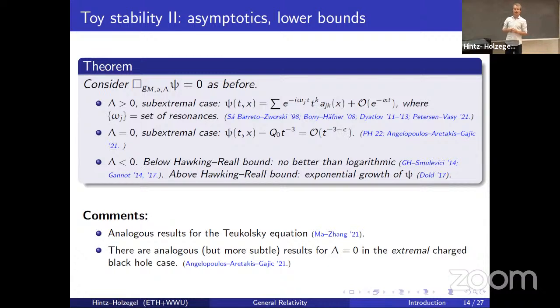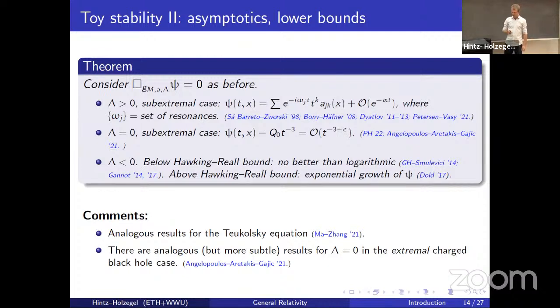Going back to the theorem, in the case lambda is negative, it was shown that this logarithmic decay is actually sharp. And indeed, Gustav and Smulevici, as well as Warnick, constructed quasi-modes or quasi-normal modes for the wave equation in that case that exhibit essentially this logarithmic decay also as a lower bound.